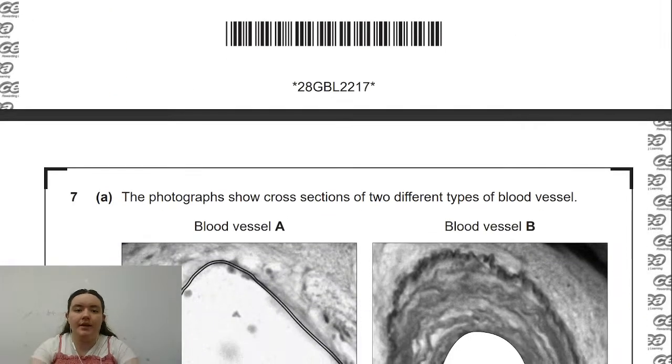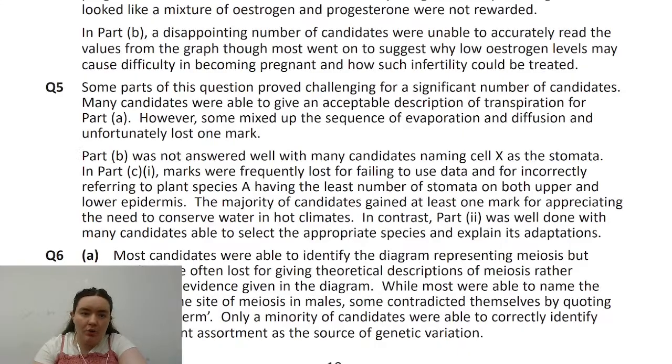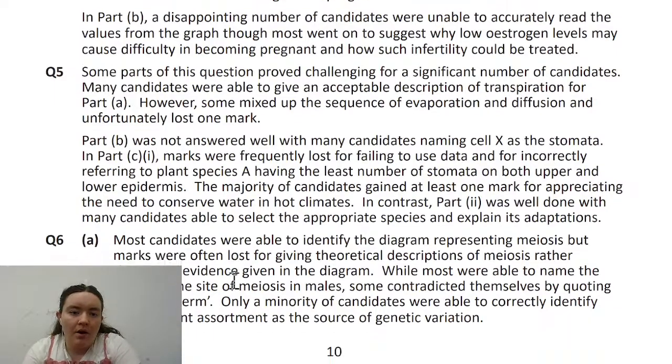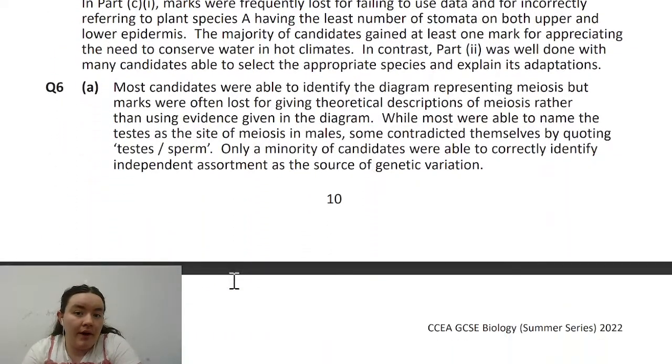Okay, so that's the end of question 6. Let's go to the mark scheme, and we've got most candidates were able to identify the diagram representing meiosis, but marks were often lost for giving the theoretical descriptions of meiosis rather than using evidence from the diagram.